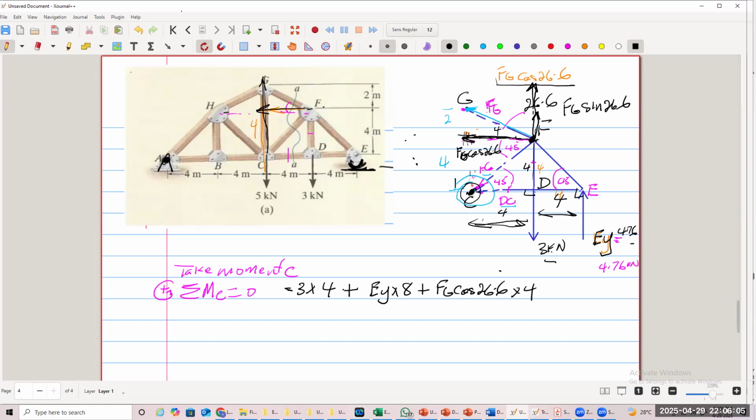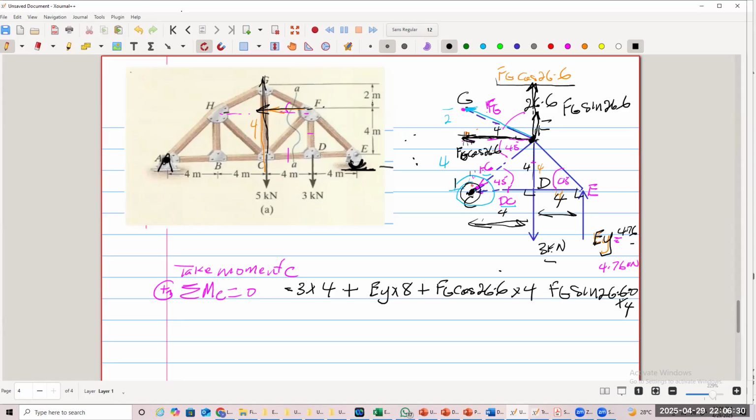So it's going to be FG sine 26.6 plus 0. So is it positive or negative? What is this perpendicular distance? It's 4. Let me see if it's positive or negative.